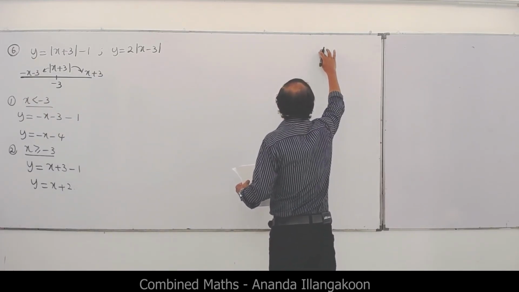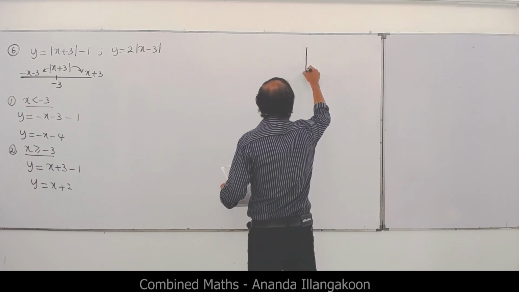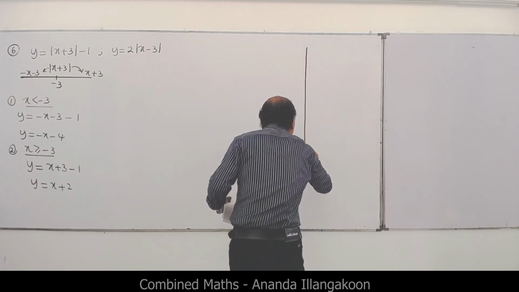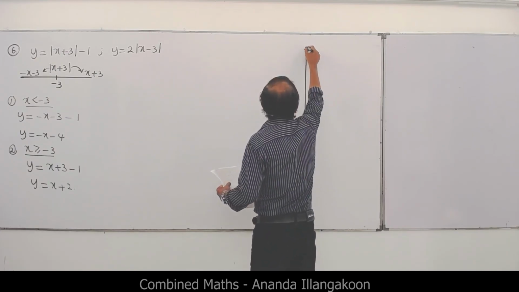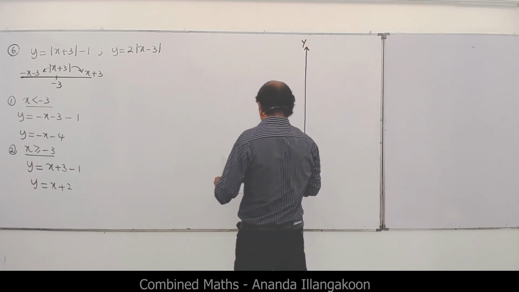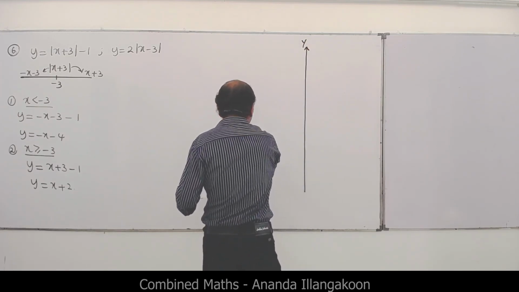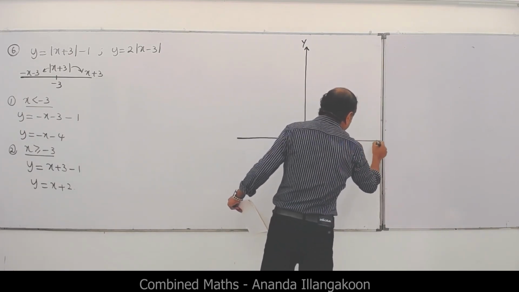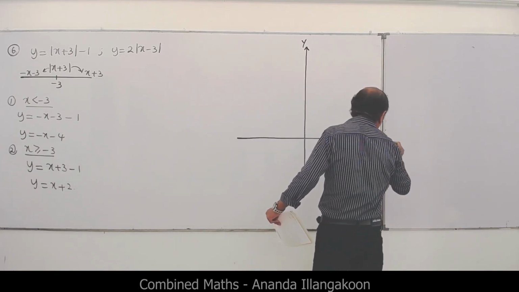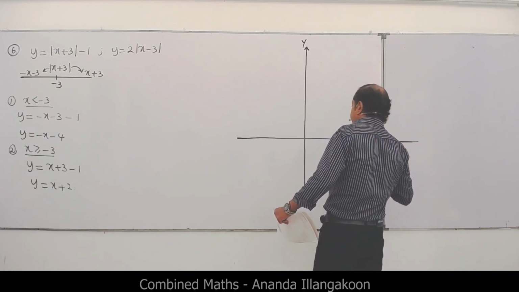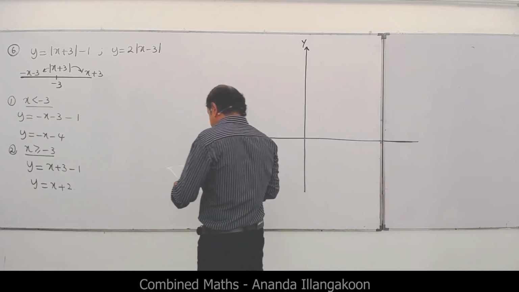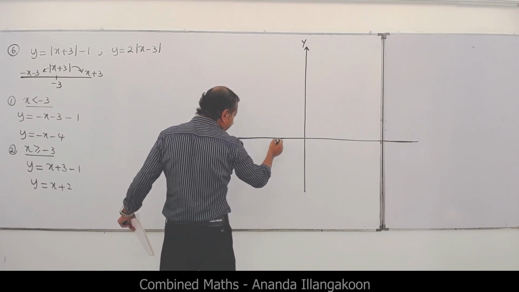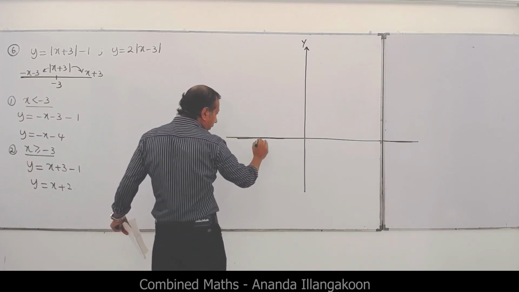Then we will first draw the sketch on the OXY plane like this. This is the y axis, and this is the x axis. It changes at x equals minus 3. Suppose here is minus 3.